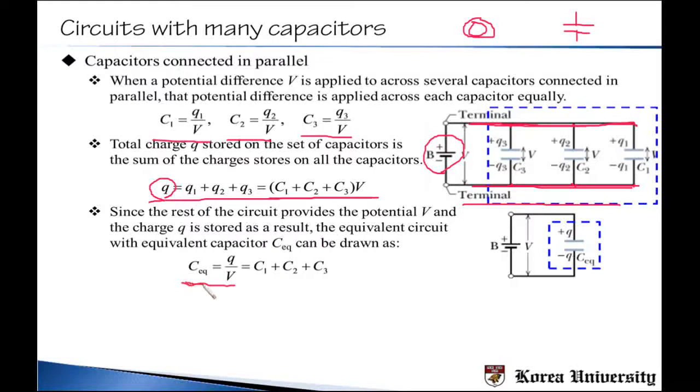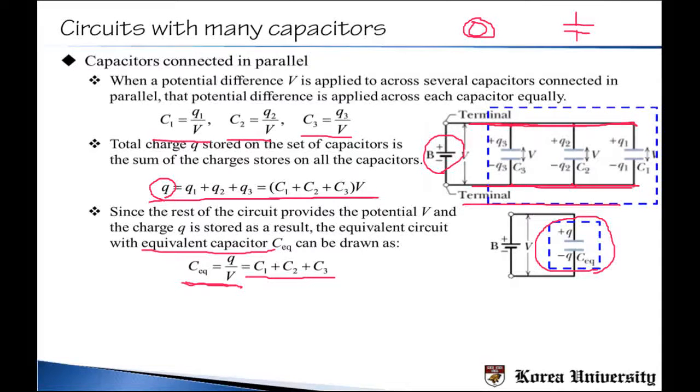Then, using the equation for the capacitance, we can think about how much effective capacitance is in this circuit connected to the battery, okay? Let's call it C equi, which is an equivalent capacitor. Mathematically, from the above equation, this equivalent capacitance is equal to C1 plus C2 plus C3. So what does it actually mean?